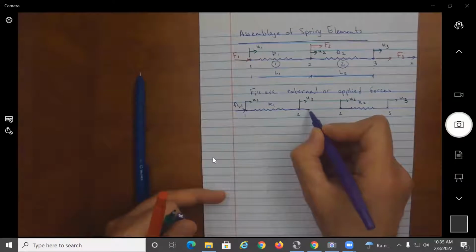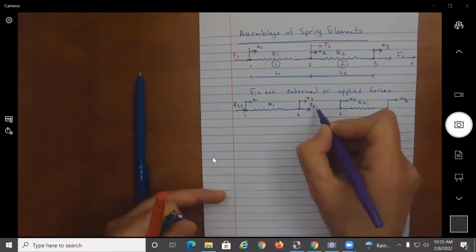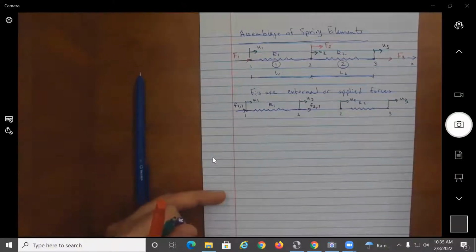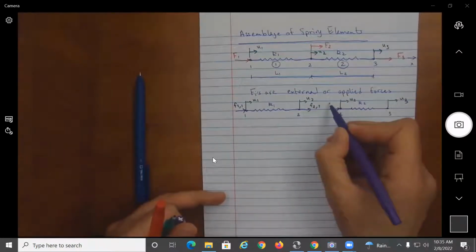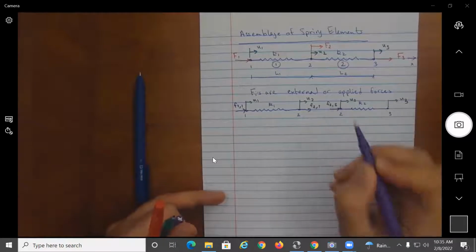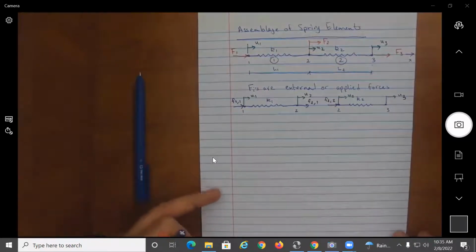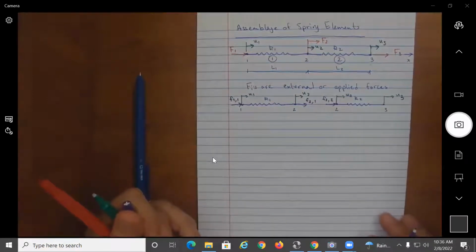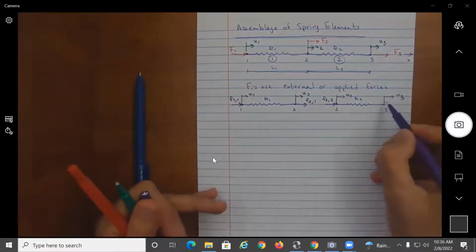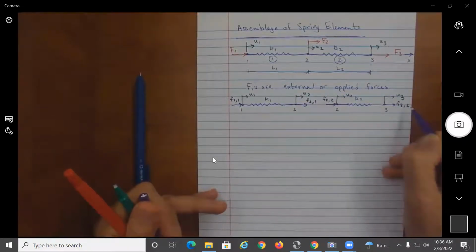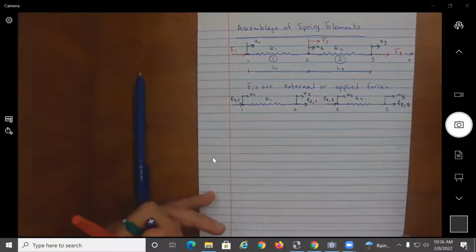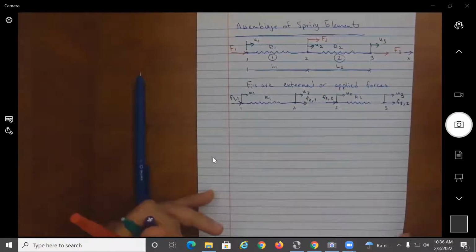At node 2, I have an F2 applied to element 1. And at node 2 for element 2, I'm going to get an F2 applied to element 2. Because these two could be different. At node 3, I have F3 applied to element 2. Are we good so far?